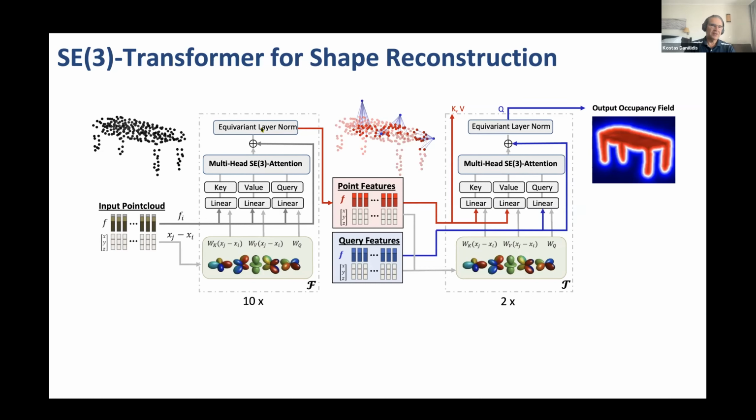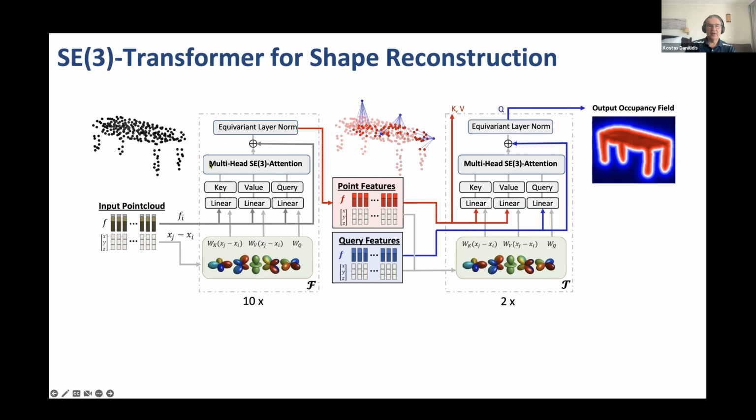I will first present the whole architecture, and then I will go into the details of every component. We have an input point cloud, and this input point cloud is presented into a self-attention network with 10 heads. Here in the self-attention, the key, the value, and the query are all the same, and I'm going to explain how they look. This encoder extracts point features for every point, where we keep also the XYZ position.